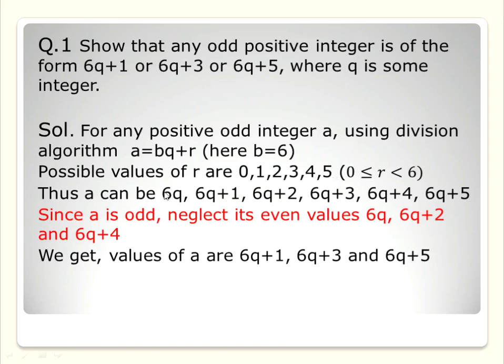Thus a can be written as 6q, 6q plus 1, 6q plus 2, 6q plus 3, 6q plus 4 and 6q plus 5. Since a is odd, we have to neglect its even values, that is 6q, 6q plus 2 and 6q plus 4. These are even values, so we neglect them. We find values of a are 6q plus 1, 6q plus 3 and 6q plus 5.